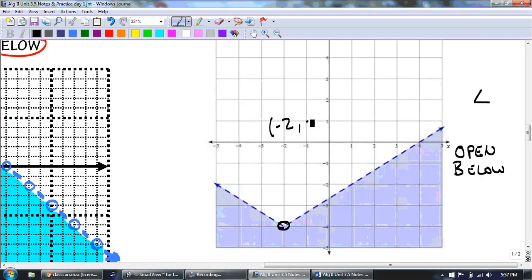It's -2, -4, and then I need to find my slope. Here's my next open point, which means we are going up 2 over 3. Okay, so we went up 2 over 3.